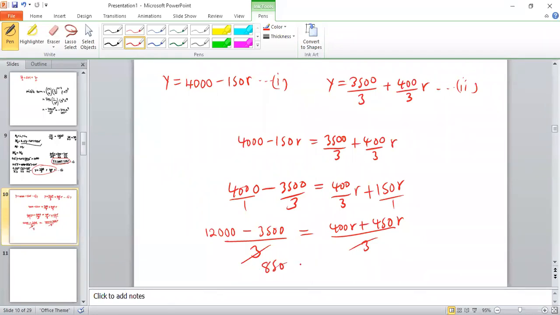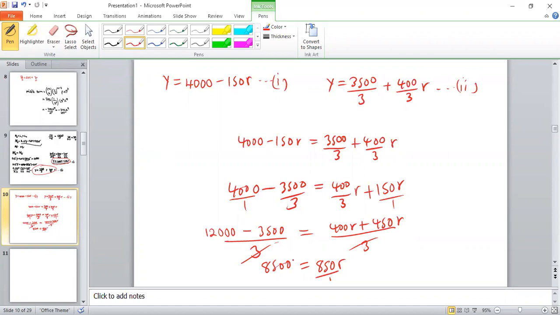Yes, it's 85. Okay, then 400 plus 450 should be 850 times r. So the 3 and the 3 cancel, since we only have denominators.